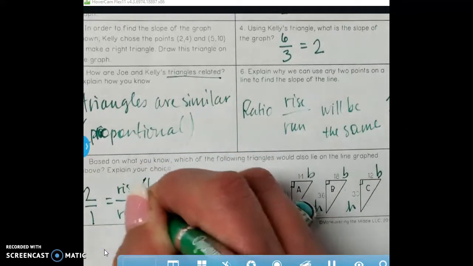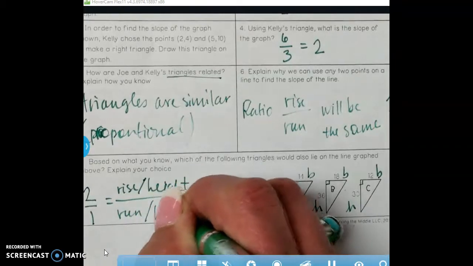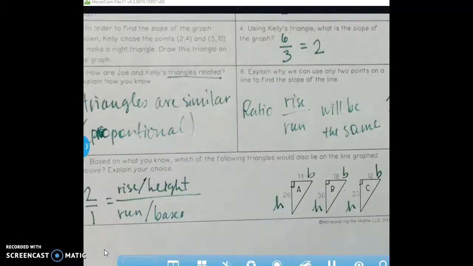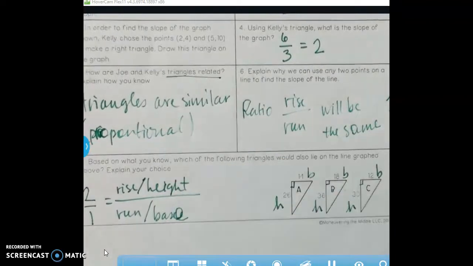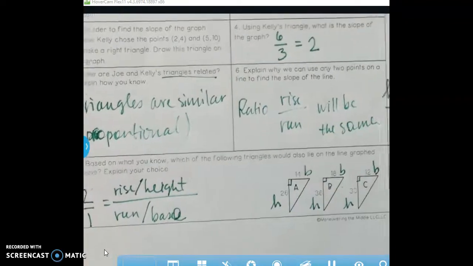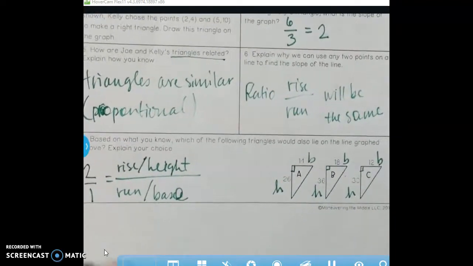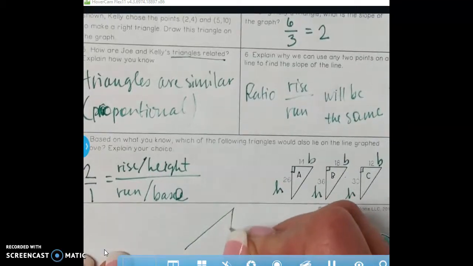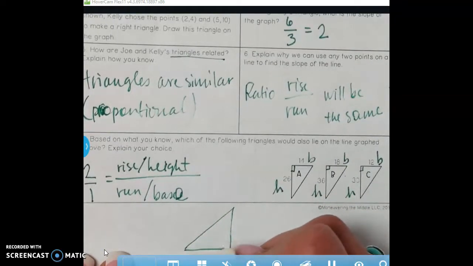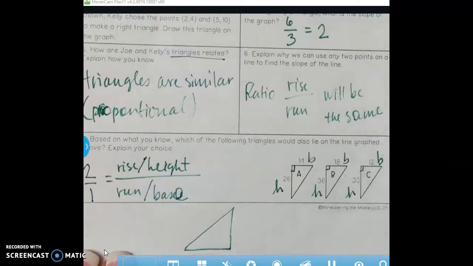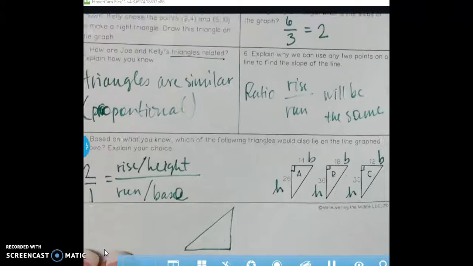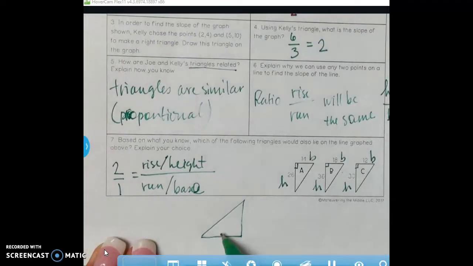Your run is the same as the base of your triangle. I really want you to be really careful with that, because I saw it earlier in our practice on Thursday, you had some questions where your triangle was positioned this way.